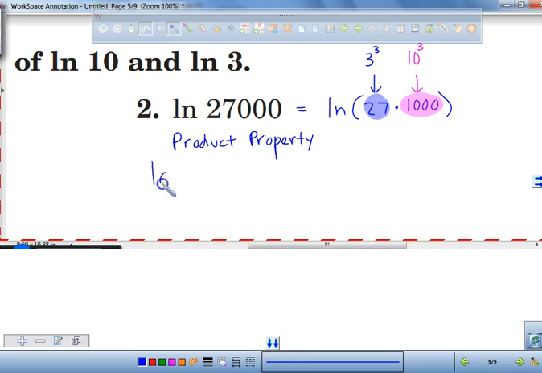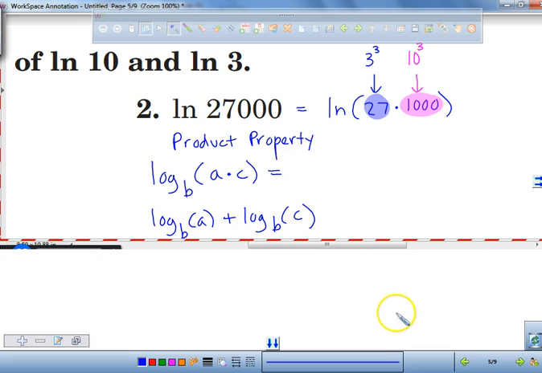If I say the log of any base B, A times C, that will break down to the log base B of A plus the log base B of C. This is the product property. Very similar to our exponential product property, where you have B to the power of A times B to the power of C. You're allowed to add those exponents together.